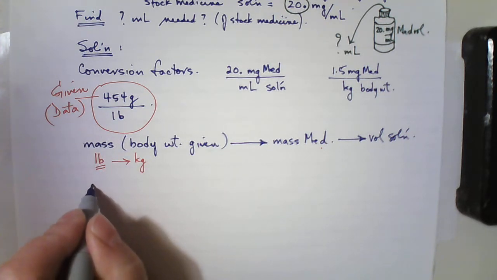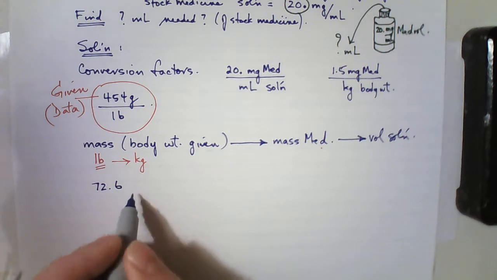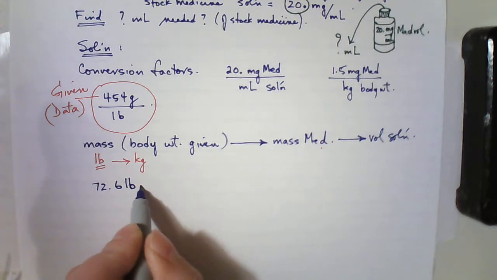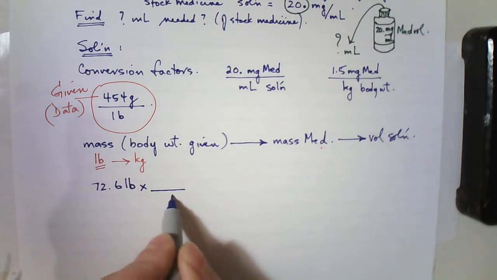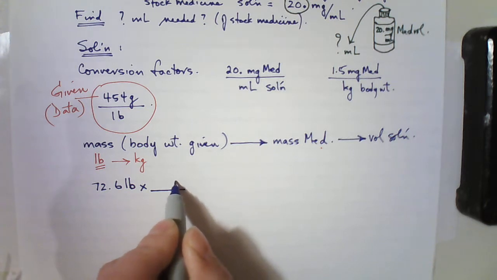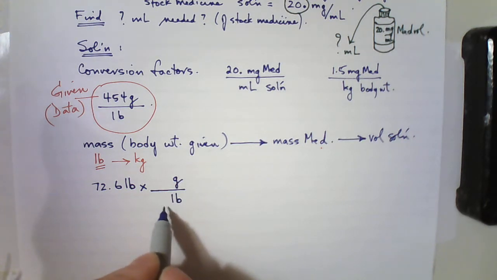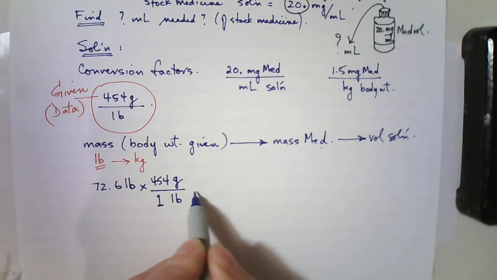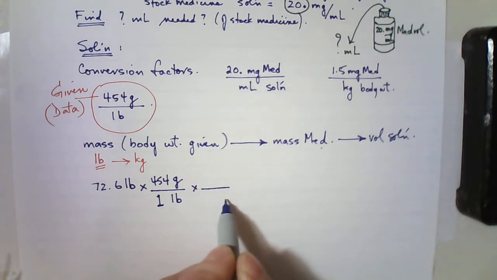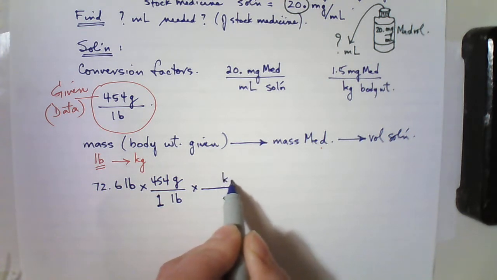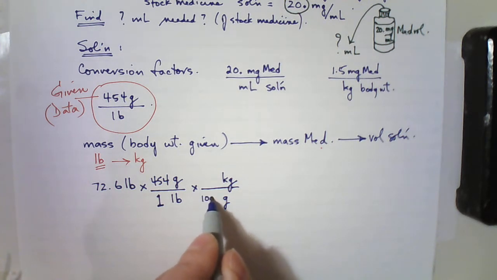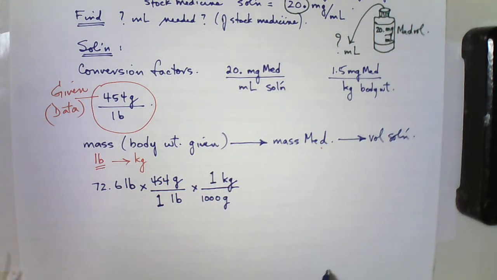I have 72.6 pounds of body weight times, I just want to get rid of pounds and put in grams, and I know that there are 454 grams in a pound, but here I specifically want to get to a mass in kilograms because my conversion factor is in kilograms, and I know that 1,000 grams is equal to 1 kilogram.